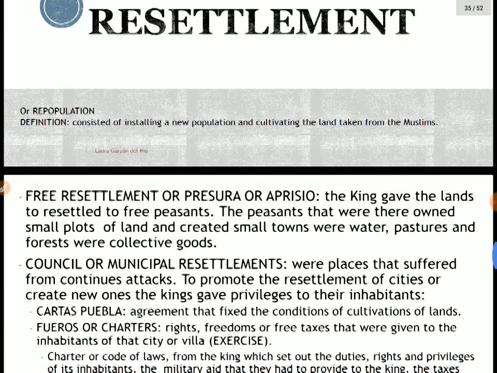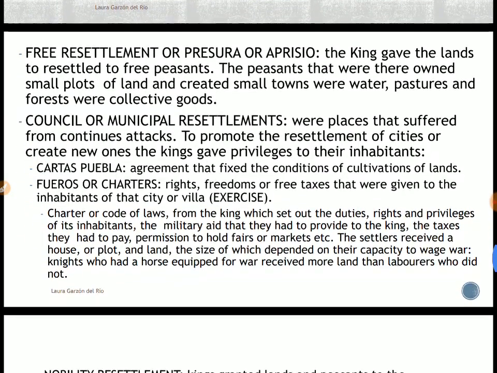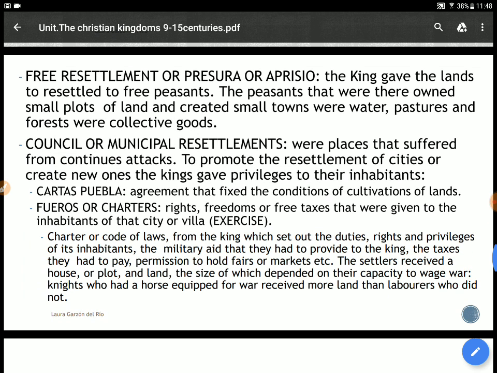We have different ways of resettling a territory. The first one is called presura or aprisio, when the king gave the lands to resettle to free peasants. They owned small plots of land and created small towns where water, pasture, and forests were collective goods.